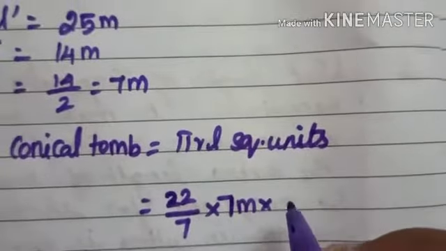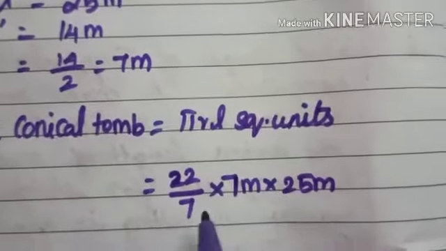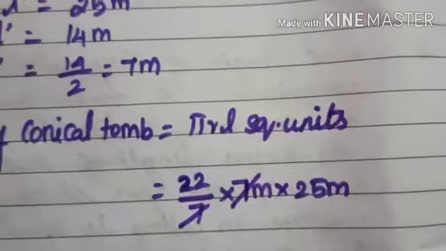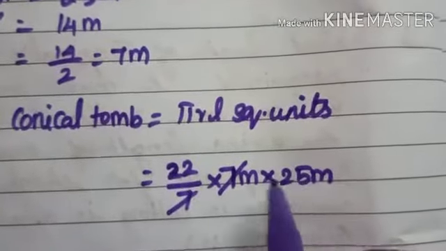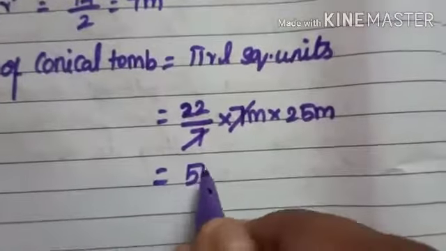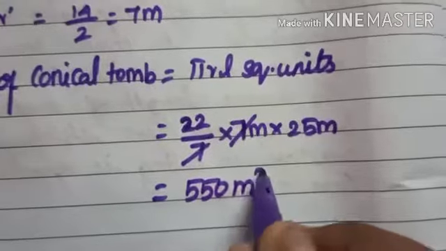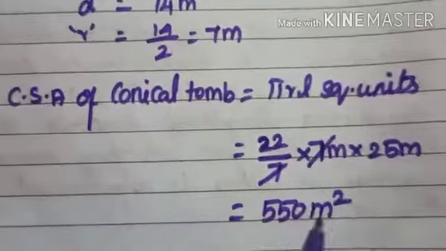How much is the slant height? 25 meter. Now you can reduce this: 7 gets cancelled, remaining 1. So 25 into 22, you get 550 meter square. This is the CSA of the conical tomb.